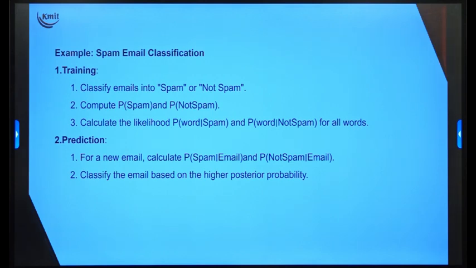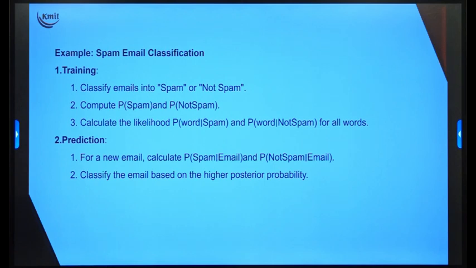Text classification in the sense of email: write an email and check which class it belongs to, spam or not spam. Or product review: write the review in the form of text and classify whether the review is positive, negative or neutral. So first let's take an example of email spam classification.